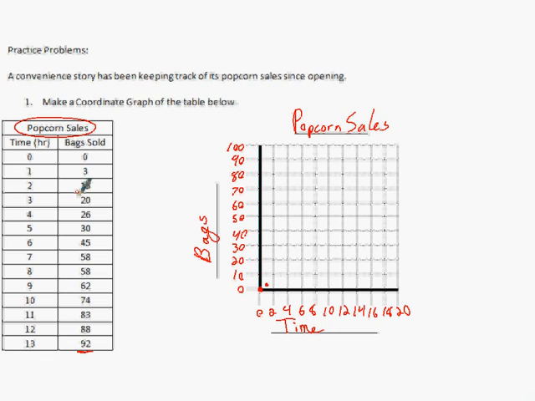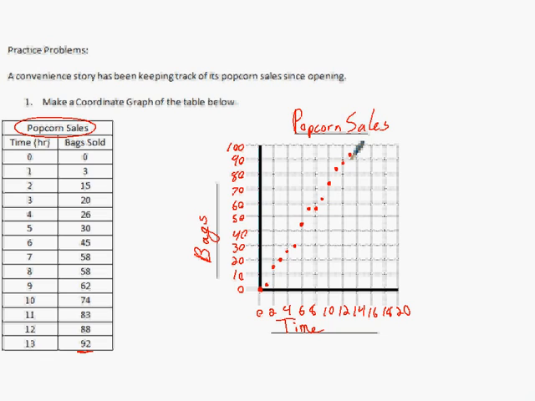2 hours, 15 bags. 3, 20. 4, 26. 5, 30. 6, 45. 7, 58. 8, 58. 9, 62. 10, 74. 11, 83. 12, 88. 13, 92.